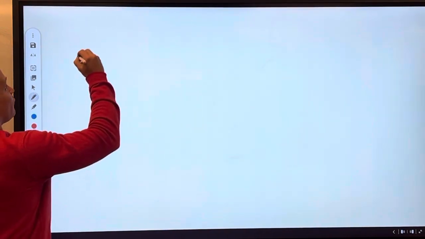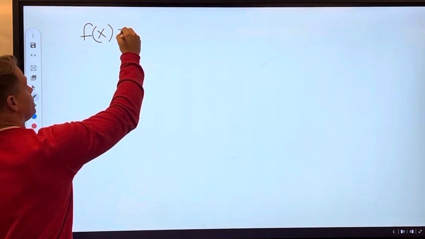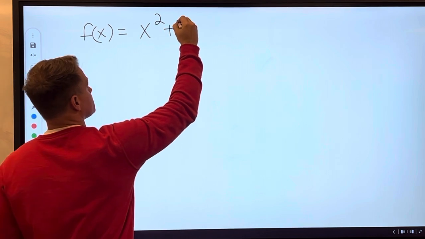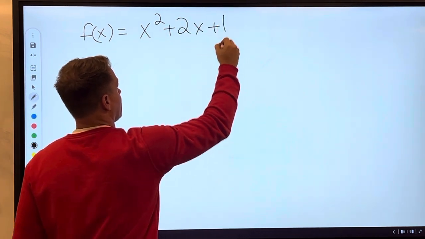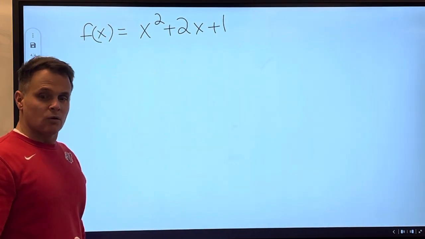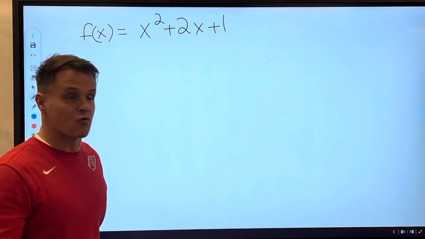Let's say we have f of x equals x squared plus 2x plus 1. And let's say we want to find what the answer is when x is 3.